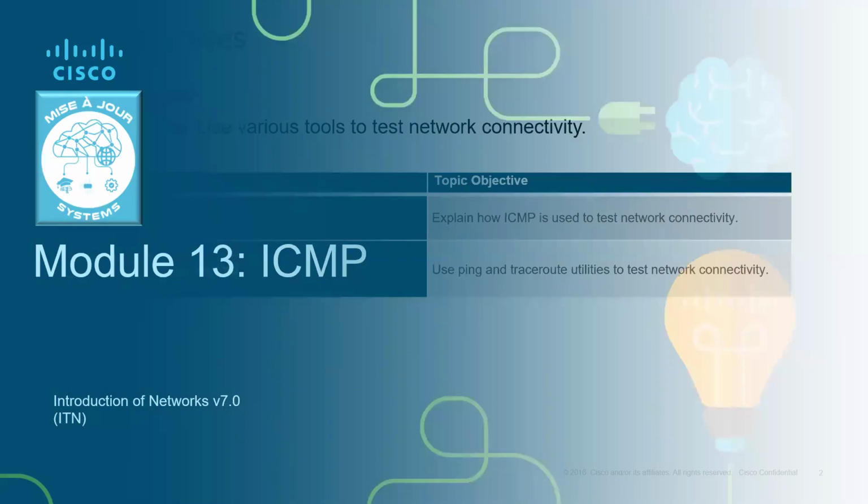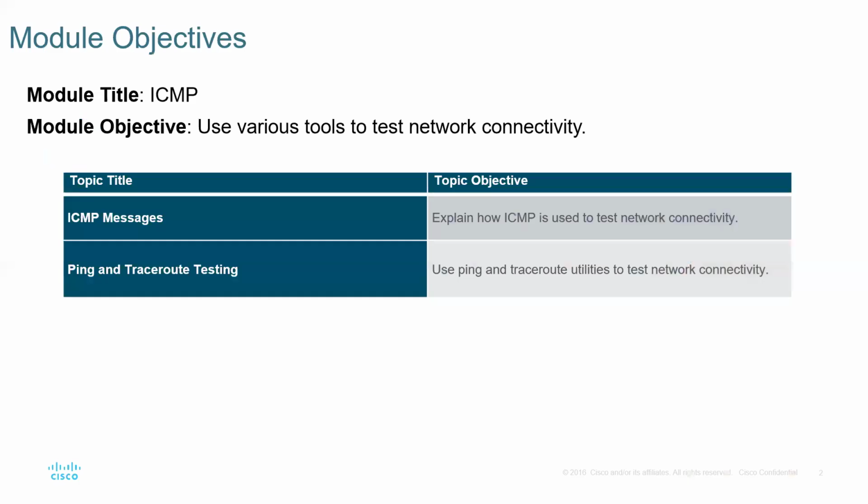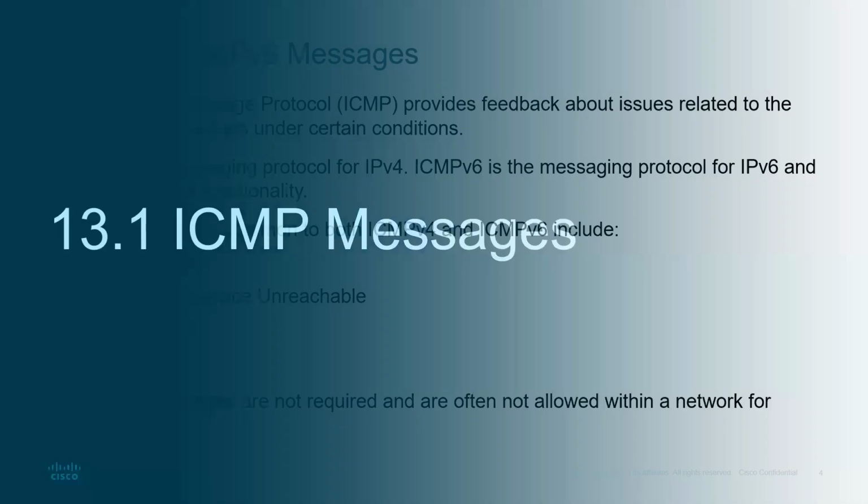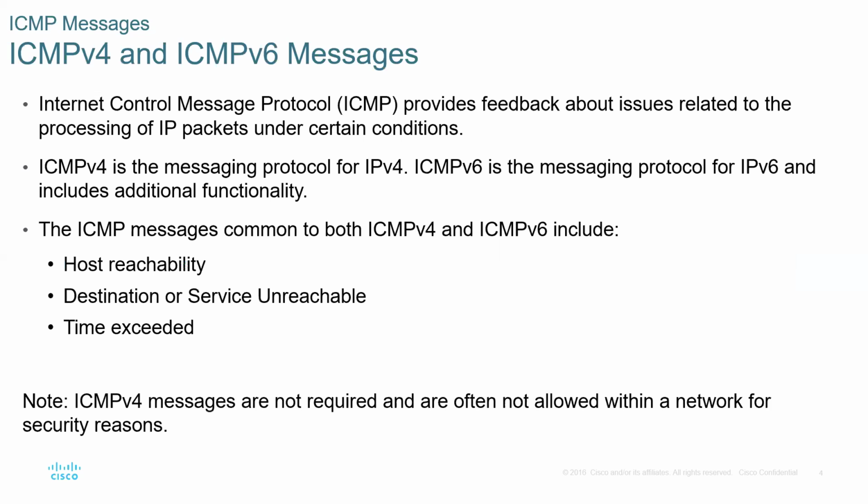Objectives: two objectives. Explain how ICMP is used to test network connectivity, and use ping and traceroute utilities to test network connectivity. I think basically this is what we're going to be doing for ICMP. The messages that we have: ICMP, the Internet Control Message Protocol, provides feedback about issues related to the processing of IP packets under certain conditions.